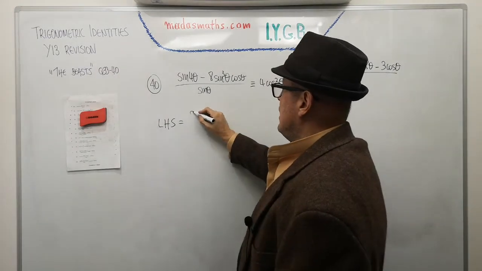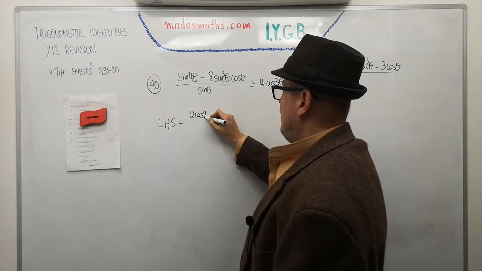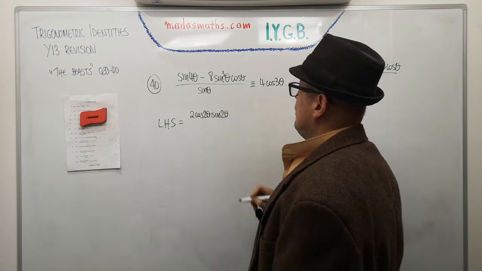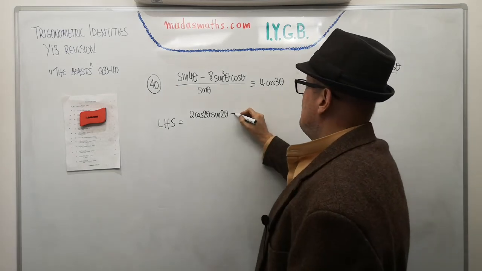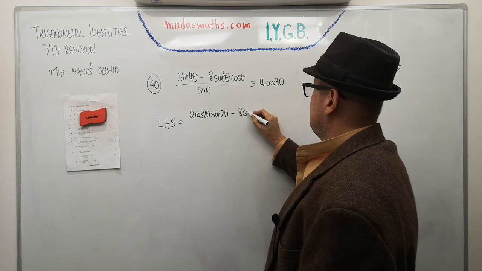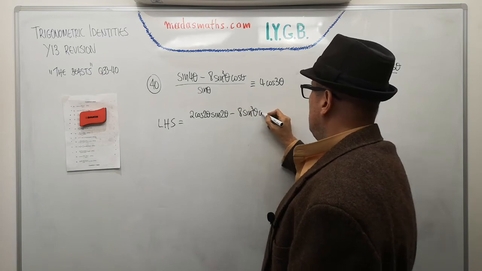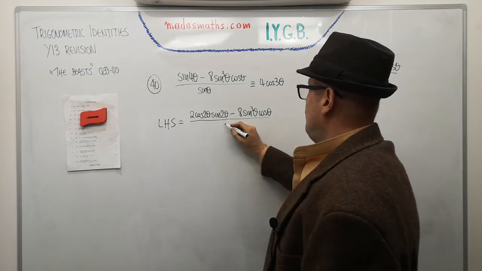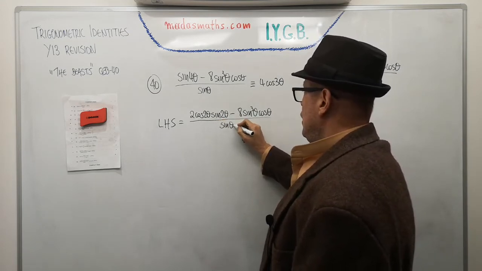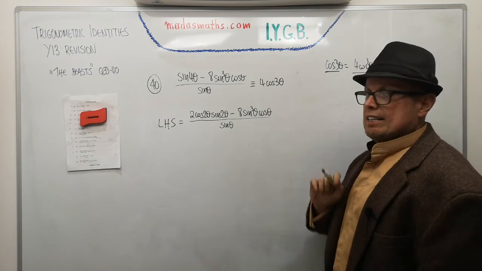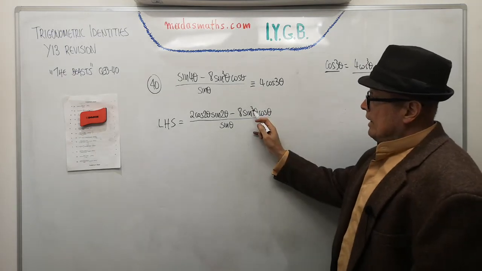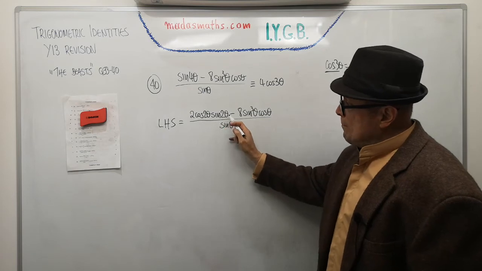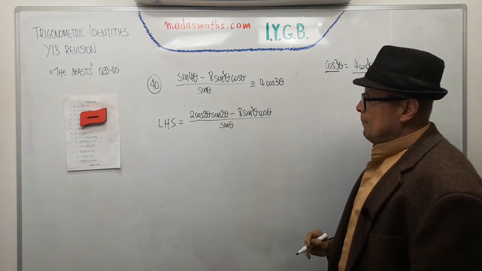The sine of 4 theta, I already mentioned. We can write it as 2 lots of cos 2 theta sine 2 theta minus 8 sine cubed theta cos theta. Notice there is no denominator on the right hand side, which means we should really cancel this sine theta. This is cancelable if you want from there, but of course not from there, but we can if we break that further.